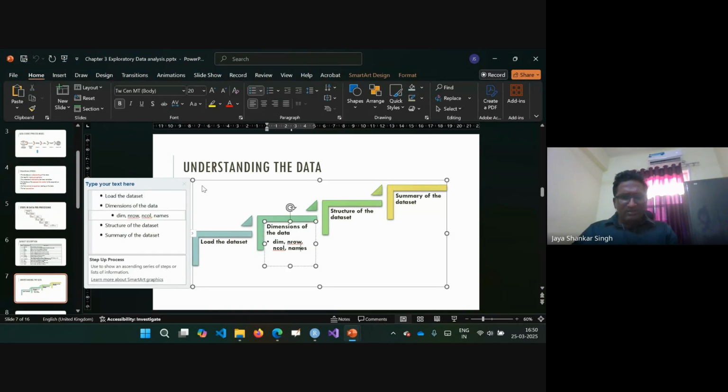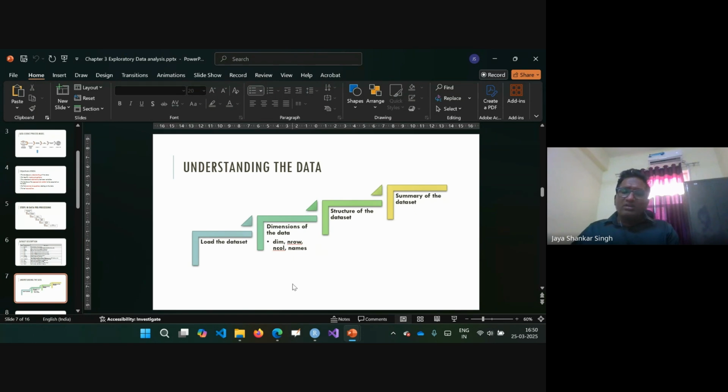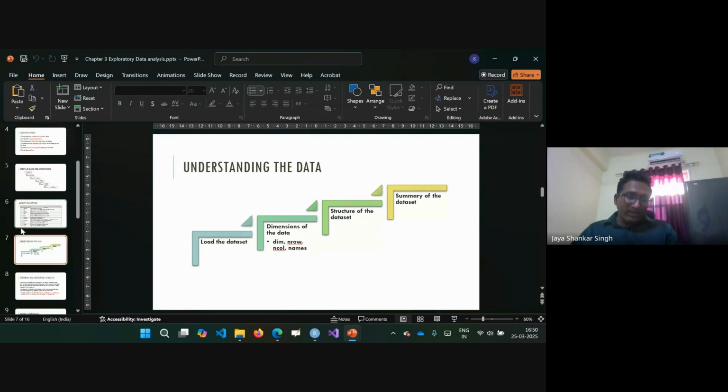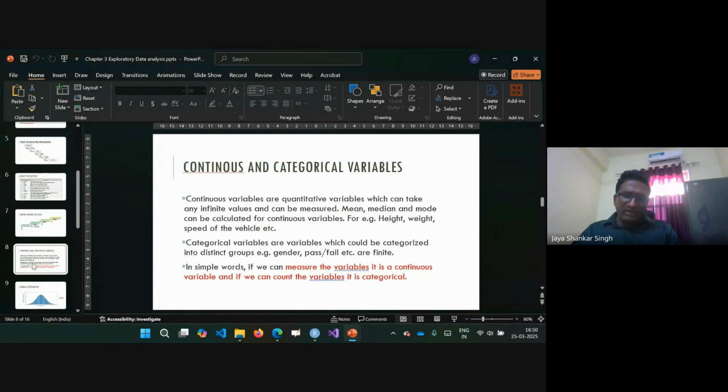Names gave you the field name. We have gone through the structure of the data set. And now we have seen the summary of the data set also. What we are doing right now is a little bit of visualization of those data to have a fair idea whether they are normally distributed or not.